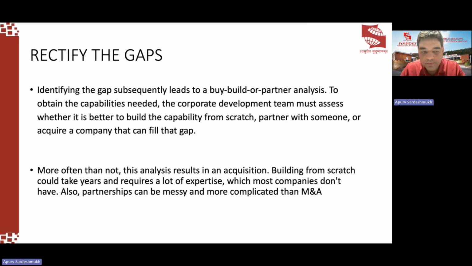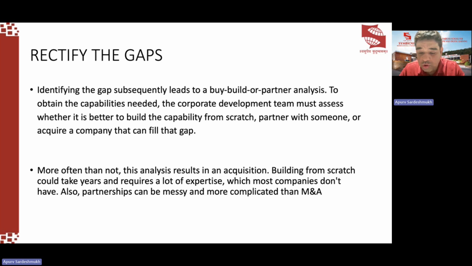I mean, who are you going to buy, or who are you going to partner with, or are you going to build something, to rectify those gaps. To obtain the capabilities needed, you must assess whether it is better to build the capability from scratch. So whether it is better to build, say, in the example that we gave, an electric vehicle manufacturing unit, or partner with someone who is already in the electric vehicle business, or acquire a company that is in the electric vehicle business.